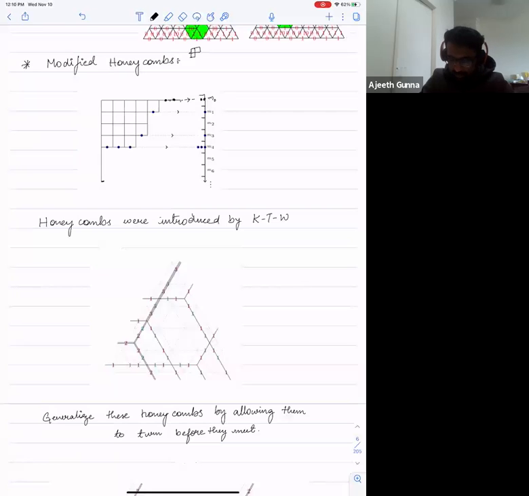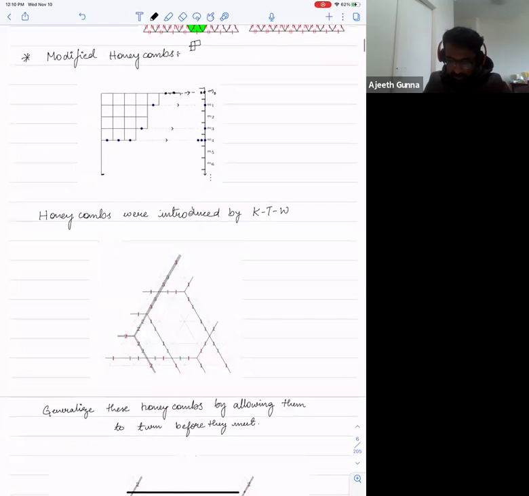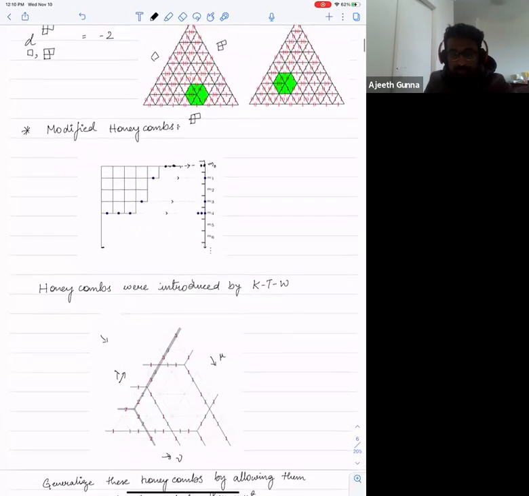What is a honeycomb? A honeycomb is a picture like this, where 3 semi-infinite lines come from 3 directions, and they all meet and satisfy a certain balancing condition. And you encode lambda, mu, and nu, just like puzzles.